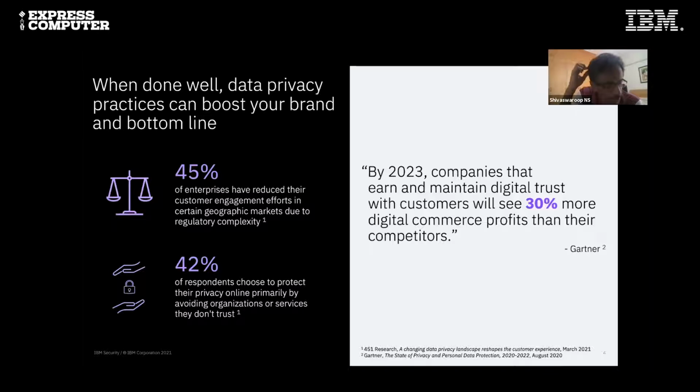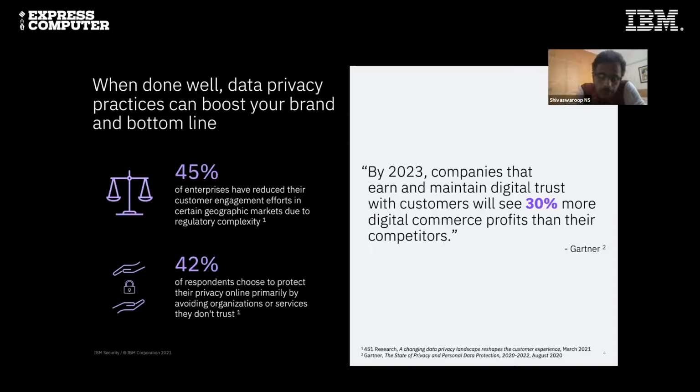On the other side, once an end user or a consumer realizes that his or her data is not safe with a specific service provider, then the trust factor automatically goes down, and that in turn might end up with the enterprise losing the customer altogether.